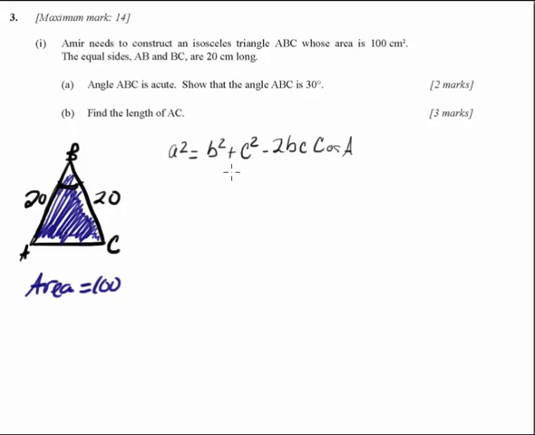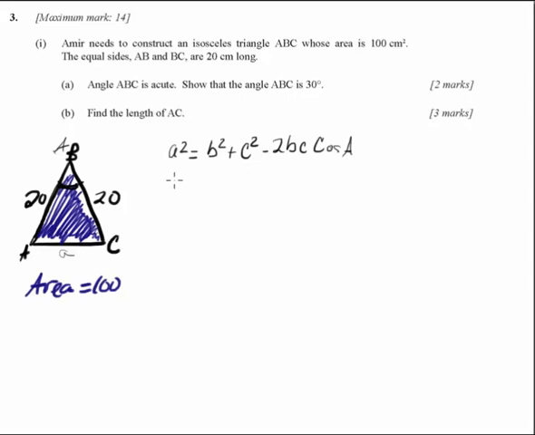And again, the lengths don't have to match up with a, b, c, cosine A. What I know is I'm looking for this length down here, which I can call a if I want, and that just makes this angle A up at the top, and that then becomes bc.